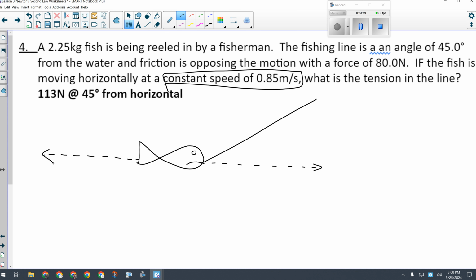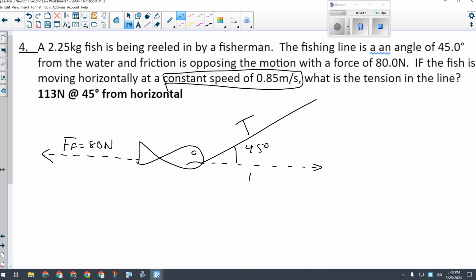They tell me that there's friction opposing the motion, which we know is directly backwards, of 80 newtons. So is this force the force of friction? If that's the force backwards, and the angle was 45 degrees, I'm looking for this force of tension right here.